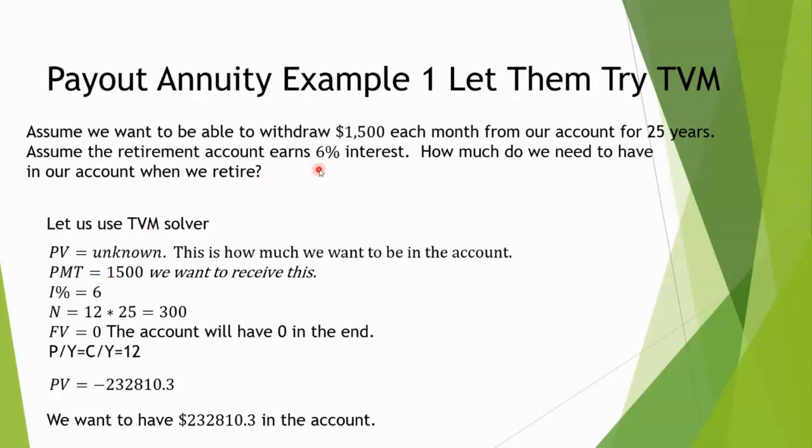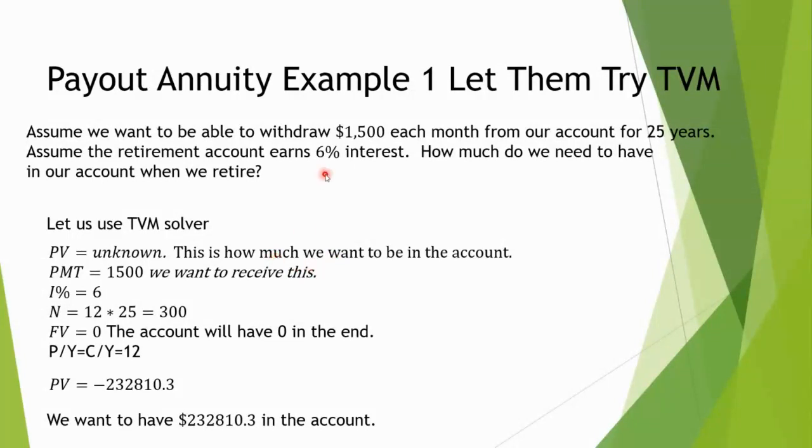6, right? That's our APR, but we don't convert it to a decimal. N is 12 times 25, which is 300. FV, right? That's 0 because the account will have in the end 0. In theory, that's what should happen after 25 years.